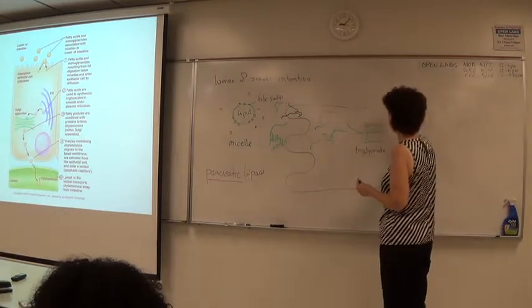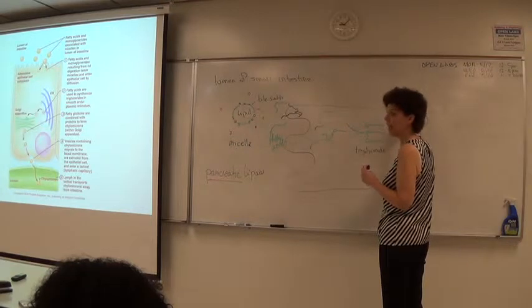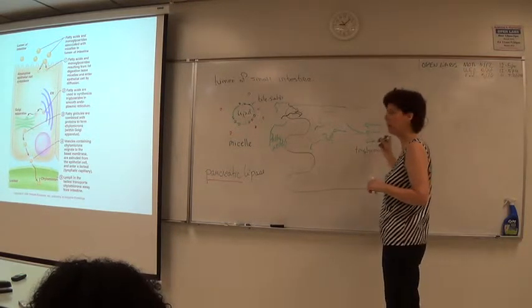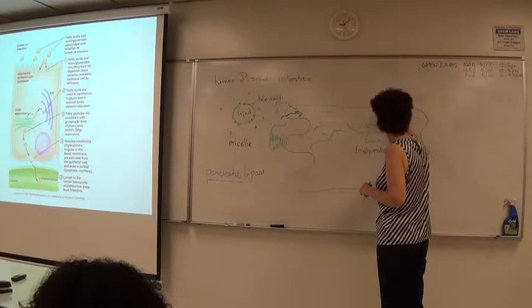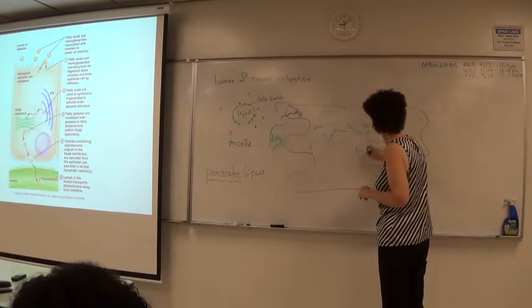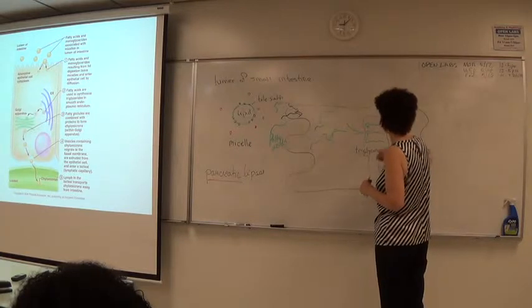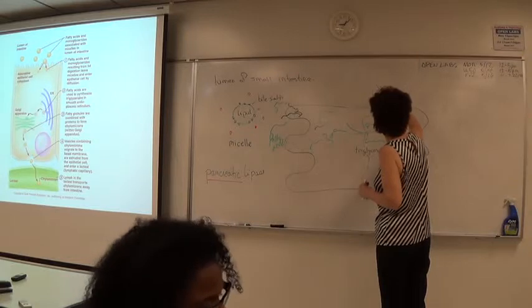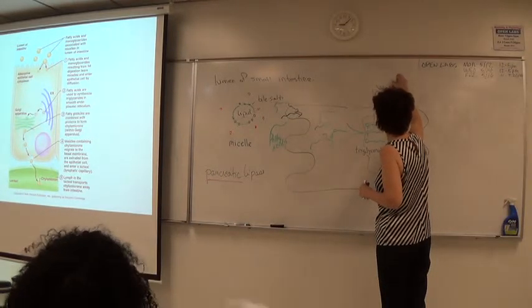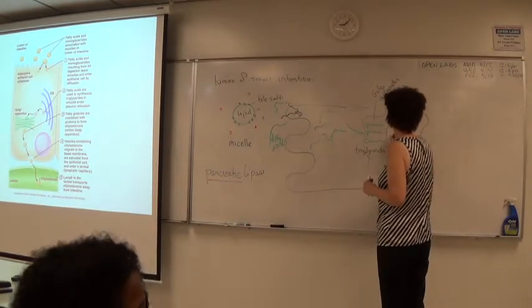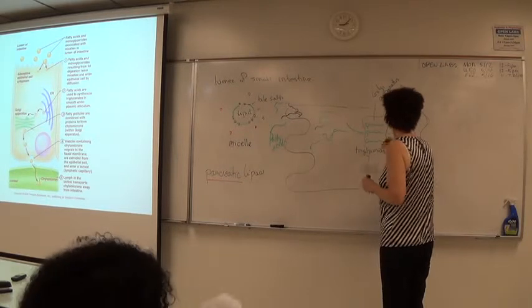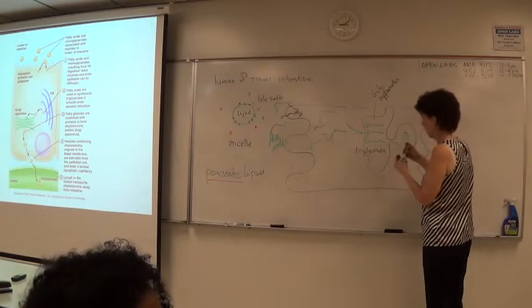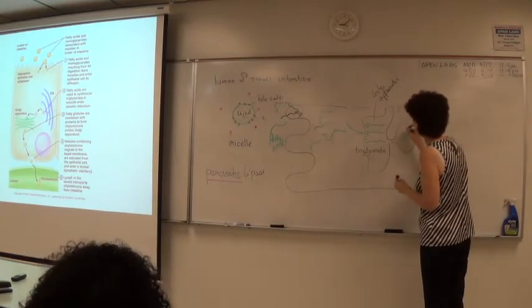And they do that by passing into the Golgi apparatus that contains proteins synthesized via the rough ER. So it looks like a Golgi apparatus, doesn't it? If it did, I wouldn't have to label it. So now within the Golgi apparatus, our lipid is coated with a protein coat.